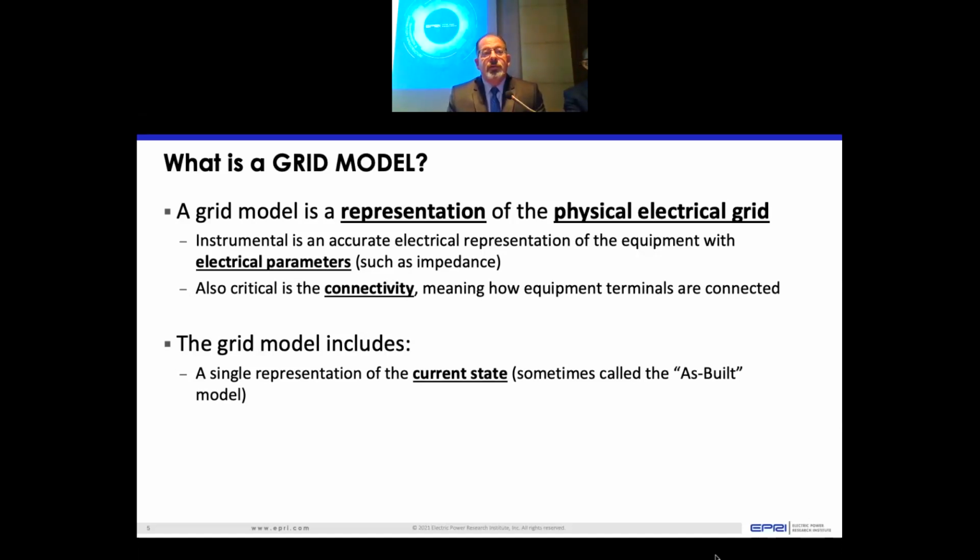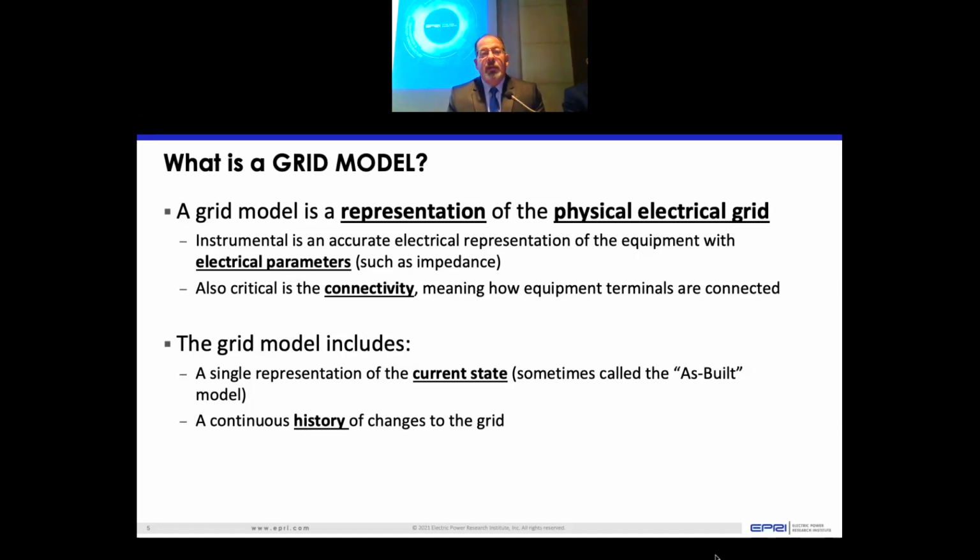The grid model should include a single representation of the current state of the grid. Many times that's called the as-built model. So that is the current state of, in PEA's case, the distribution system as you would find it in the field. Then, to maintain that as-built model, a continuous history of changes to the grid is needed.